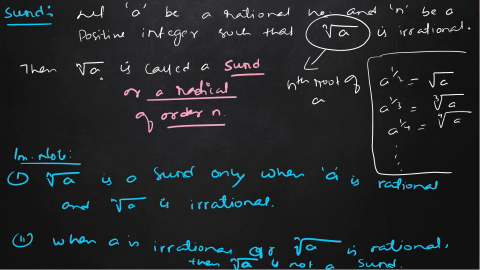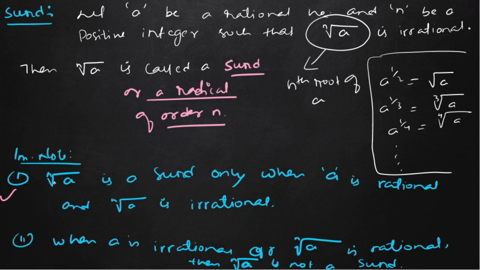Then only we say that the nth root of a is a surd. It may also be called a radical, and its order is n.